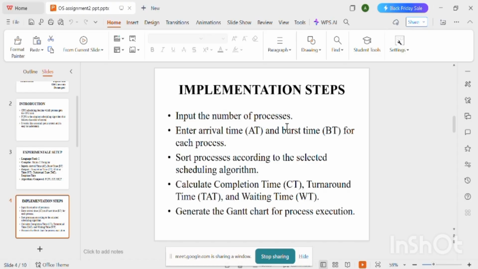Processes are arranged differently for FCFS, SJF or SRTF according to their rules. Then calculate the completion time, turnaround time and waiting time when the process is finished. Then generate the Gantt chart for the process execution. It shows the execution order and timing for each process.